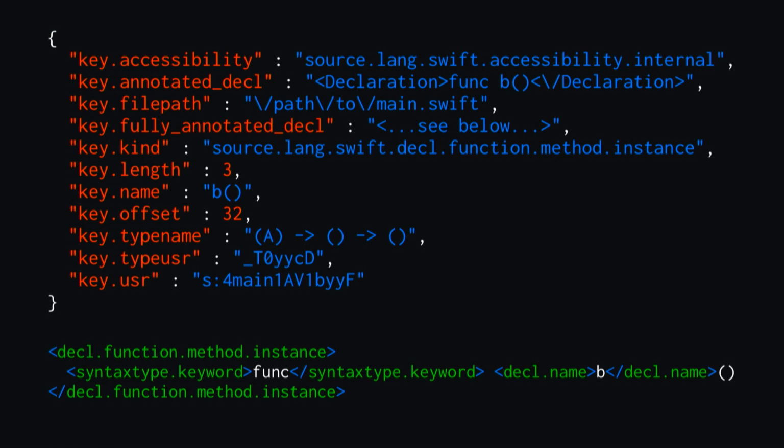There's a number of things that we have still already here from previous requests, but then the type name also becomes very useful, where if you want to know exactly what the type of a method or a declaration is, sometimes just parsing the source, the string itself, is not enough. You need to know what this is referencing and what the definitions are for that. So there's a number of much more useful pieces of information that we can access with this request.